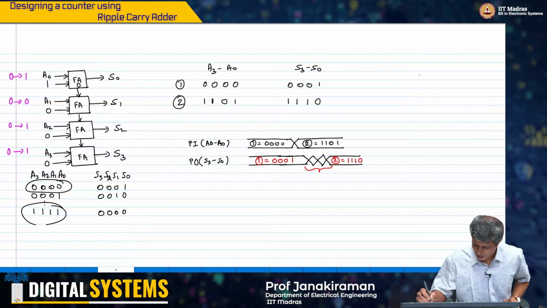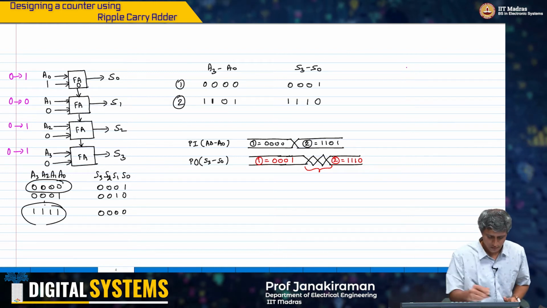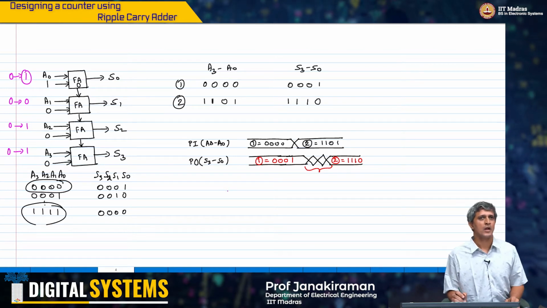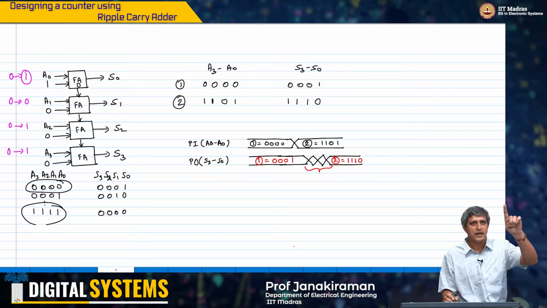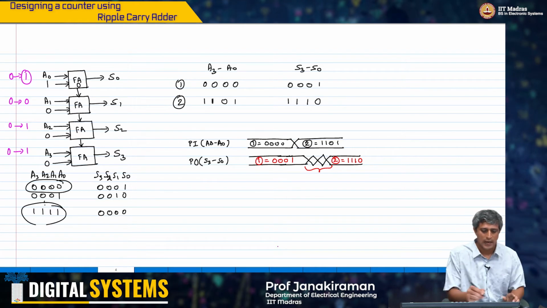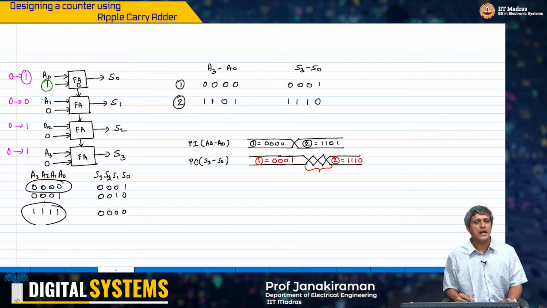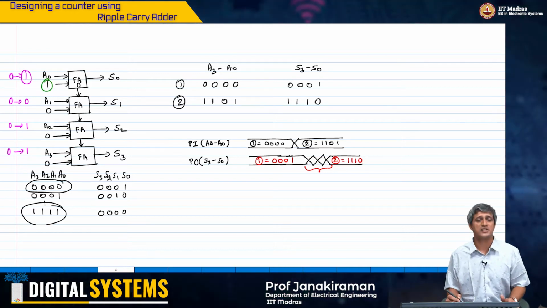So when I see this new 1 coming here to this full adder, the full adder will add that 1 with the other 1 which is sitting here, and produce a sum which is 0.